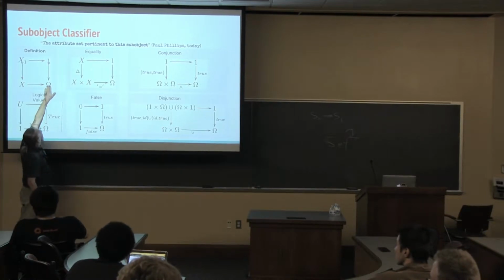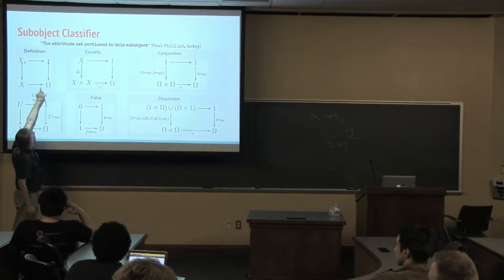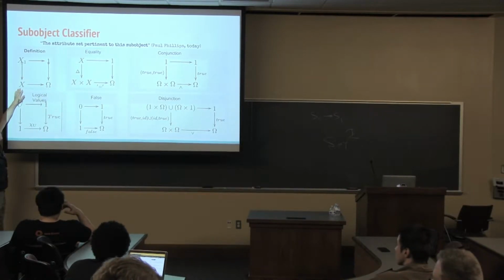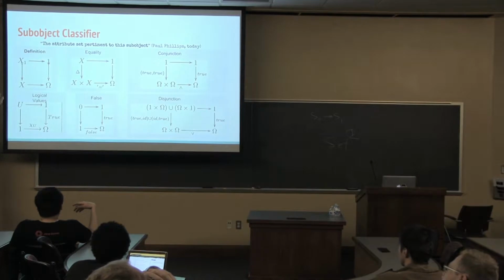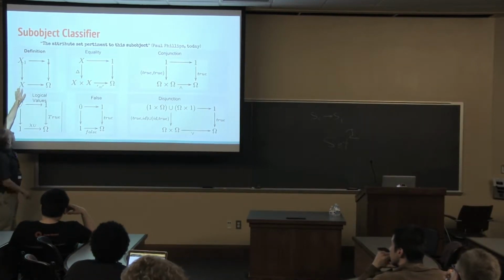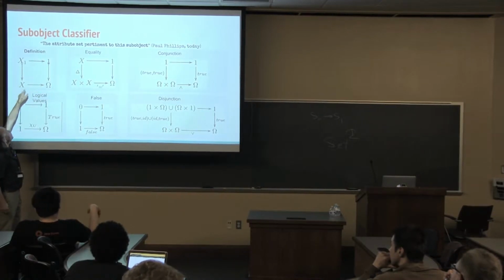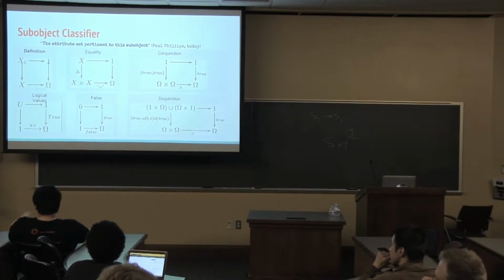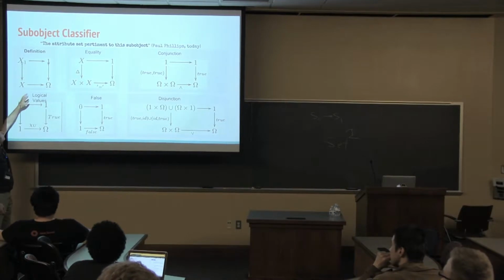So omega is a subobject classifier. There is a truth. And what's its property? For every object x and subobject x1 of x, see this arrow with this tail, there is an arrow from x to omega such that this picture is a pullback. If you don't know what a pullback is, x1 is the closest object such that the diagram commutes.